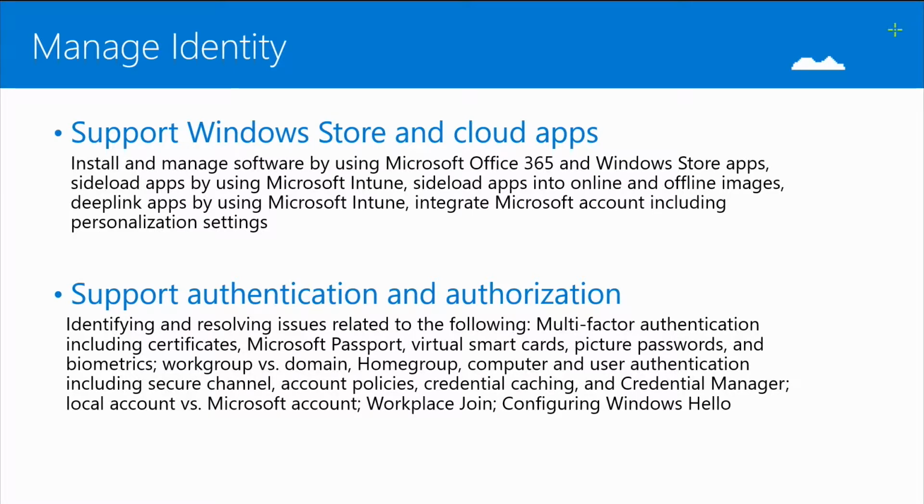So one of the things we're asking you to be up to speed on is that you know a lot about authorization and authentication, not just on your own network, and there's lots of different ways to do that in a corporate network, but also to have the knowledge of how Windows 10 operates on a home network, in a work group. So you really need to have a spread of skills that are taking you from just maybe working at home on your own or out in the field to working in an enterprise network where you've got that knowledge about how to join the domain or how to workplace join the machine as well.